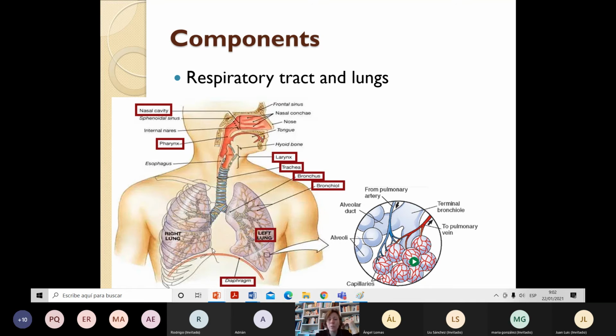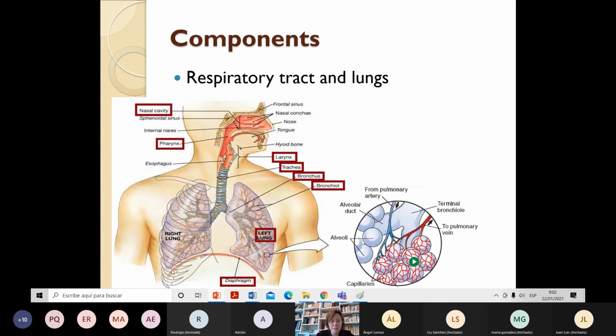In this moment, with this C-shape moving to the upper part, así, that is the relaxed position of my diaphragm. So if I contract it, the diaphragm turns into something flat.